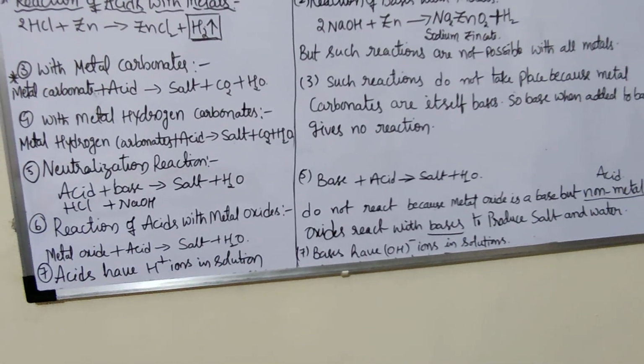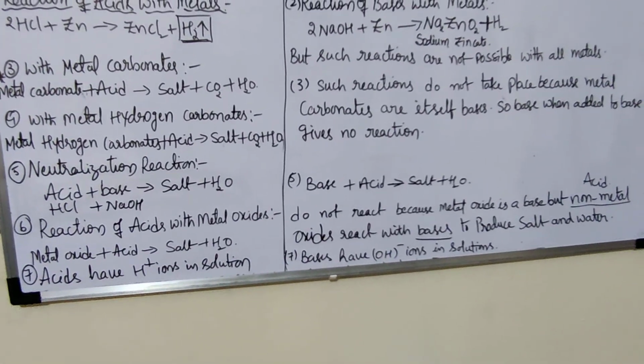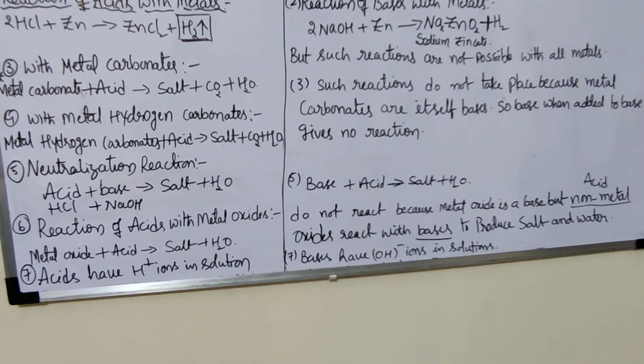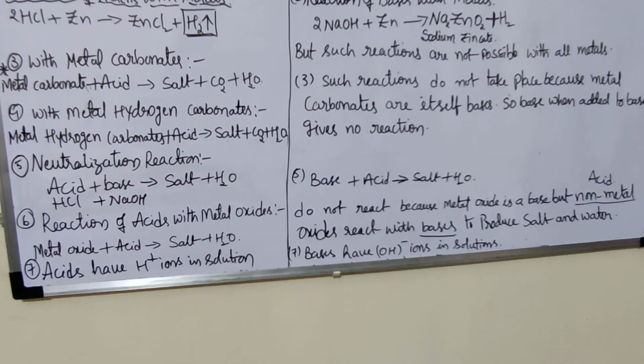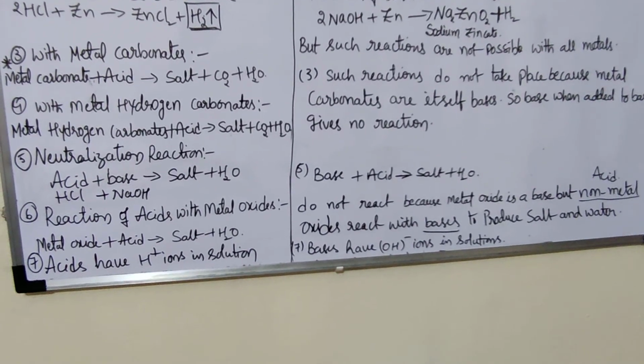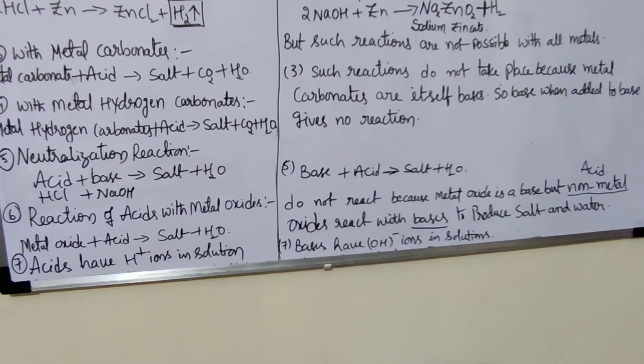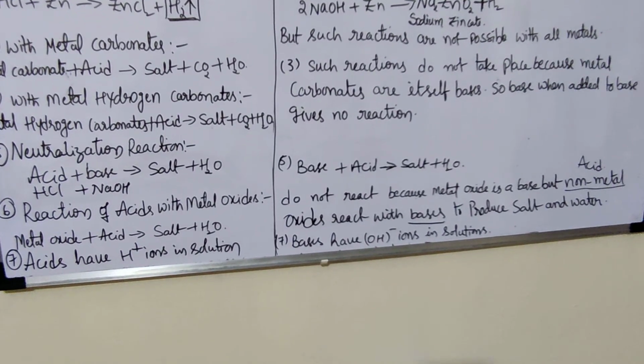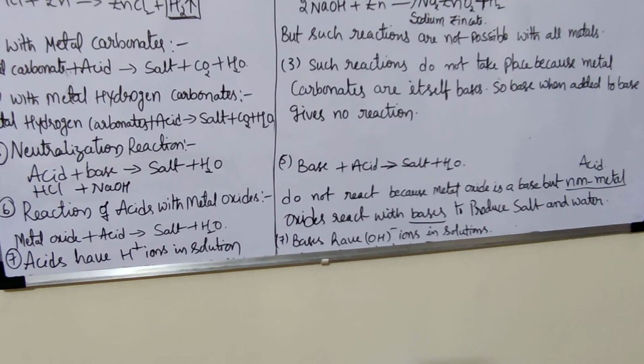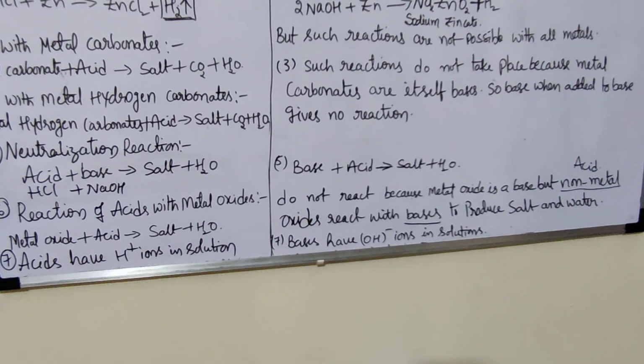At the same time, bases do not react with metal oxides because they have a basic nature. But bases react with non-metal oxides and produce salt and water, as in neutralization reactions.